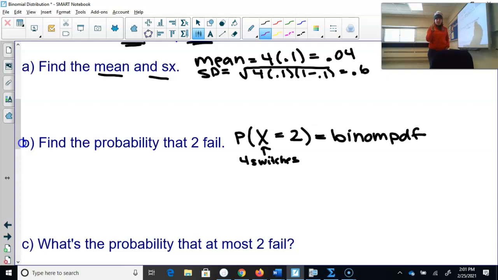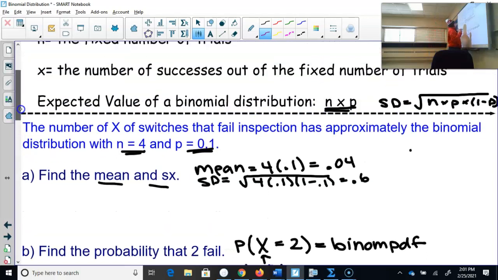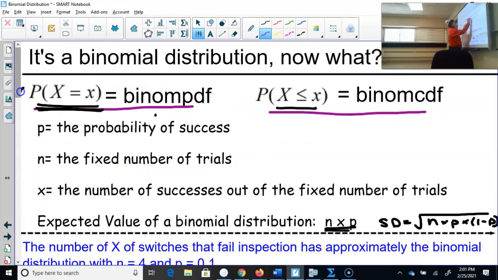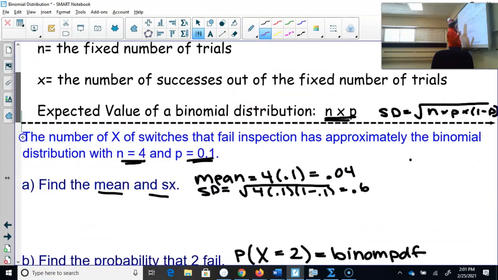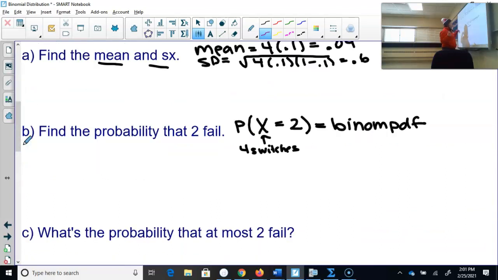I'm going to show you how to do that in 1 second. How did I know I'm using a Binompdf versus a Binomcdf? This one is an inequality. This one is an equal statement. And again, I am looking at the question so I know, is it an equal or is it an inequality? Exactly 2 fail is an equal statement.